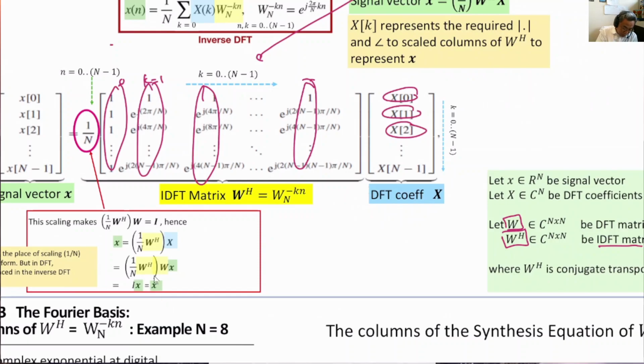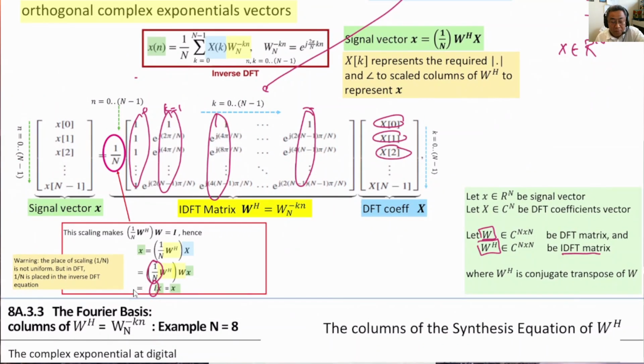So we need the 1 over n to denormalize this such that we get I here. I'll give you an example.